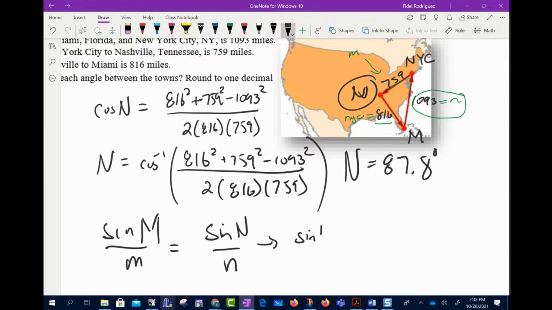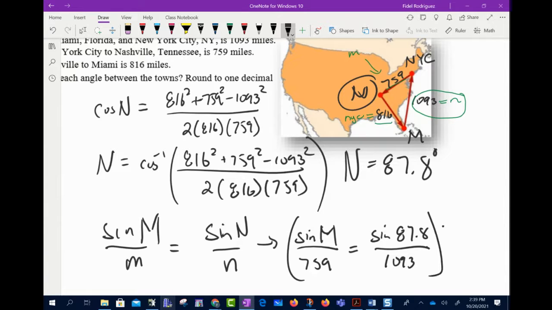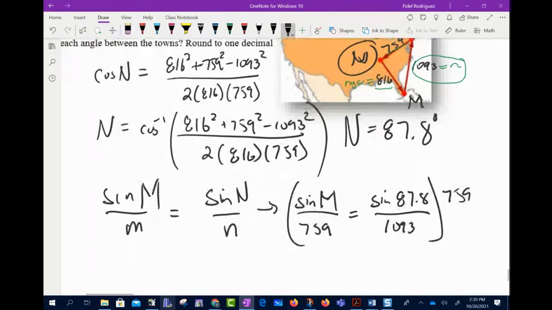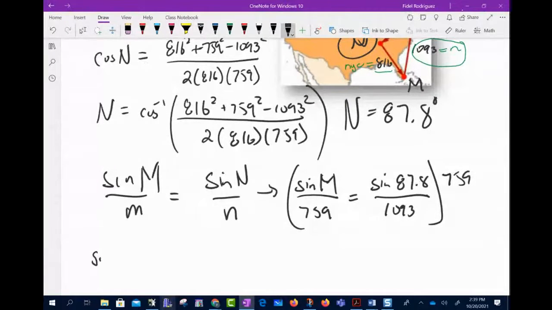So the sine of M over 759 equals the sine of N, which we found to be 87.8, over the 1093. And then I'm going to multiply both sides by 759. That gives me the sine of M equals 759 times the sine of 87.8, all over 1093.